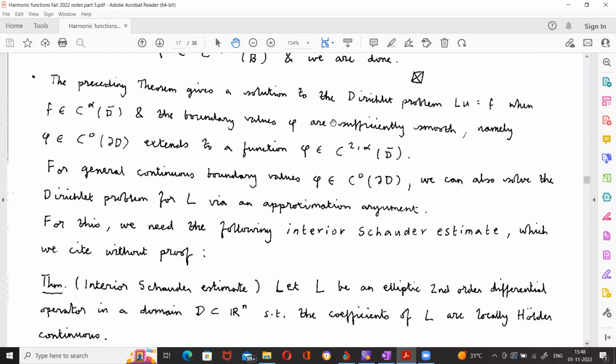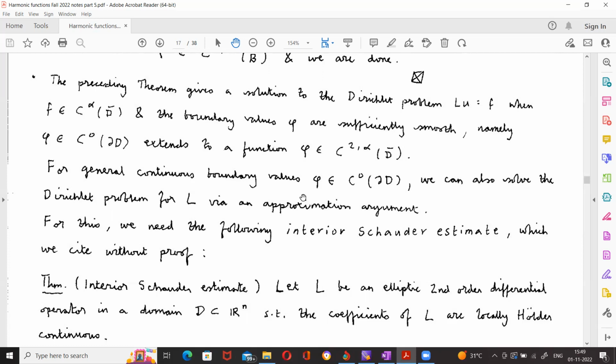Now we've got, by the previous theorem, a solution to the Dirichlet problem LU equal to F, when F is C alpha and the boundary values are sufficiently smooth, namely the function phi on the boundary extends to a function phi in C2 alpha of the domain. For general continuous boundary values, which are only assumed to be in C0 of boundary D, we can also solve the Dirichlet problem for L via an approximation argument.